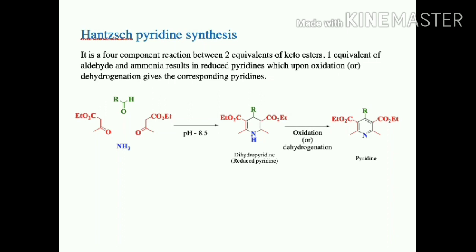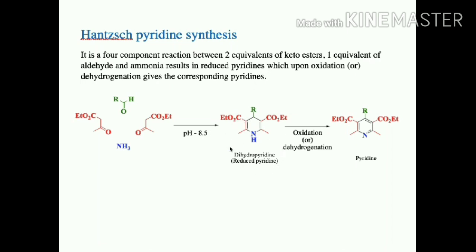Hantzsch pyridine synthesis is a multi-component reaction where four components react to give a reduced pyridine. The four components are two equivalents of beta ketoesters, one equivalent of aldehyde and ammonia. They combine at a pH of 8.5 to give reduced pyridines.